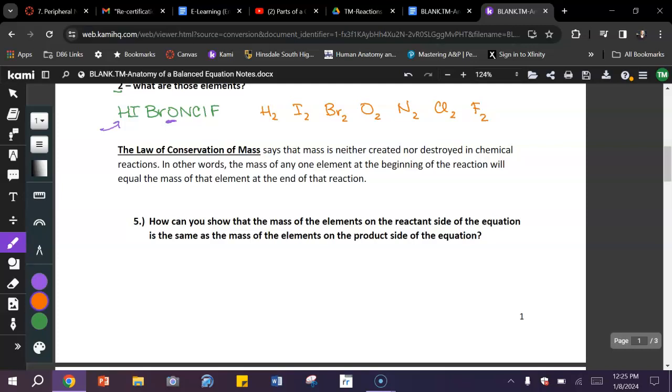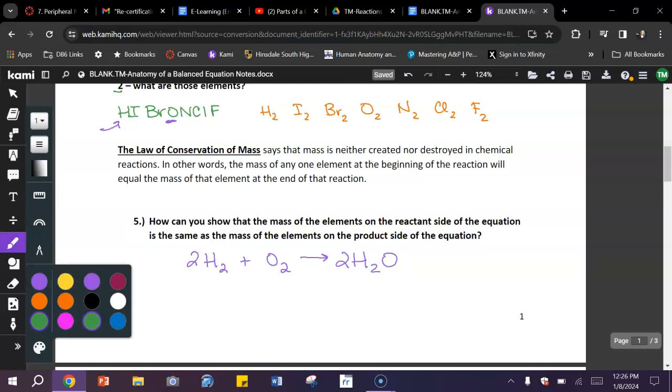So for instance, if we take a look at an example equation, let's say this, H2 plus O2, when I combine those 2 together, I am going to get 2 molecules of water.